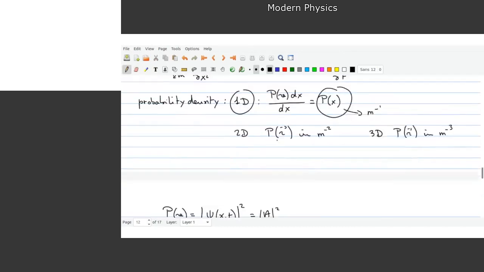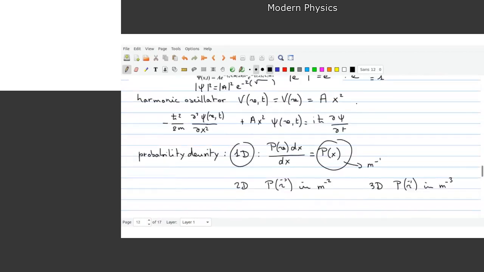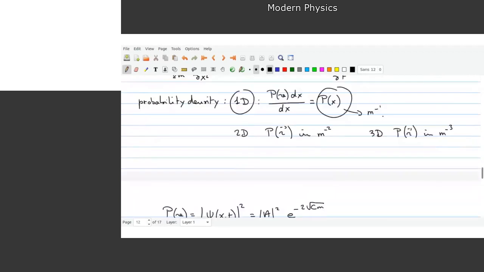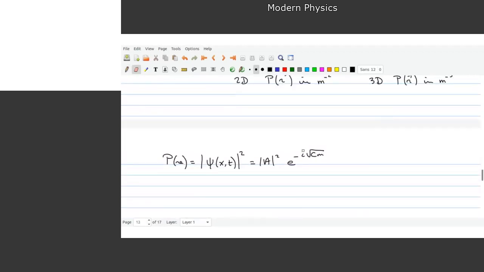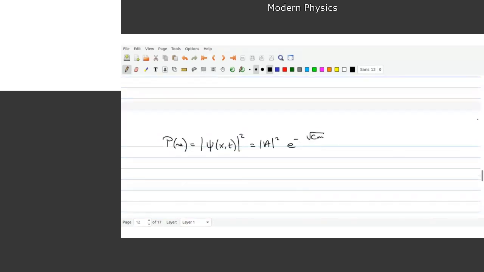And so this is exponential of minus 2. You have no more these 2 because it was at the denominator, h bar x square.